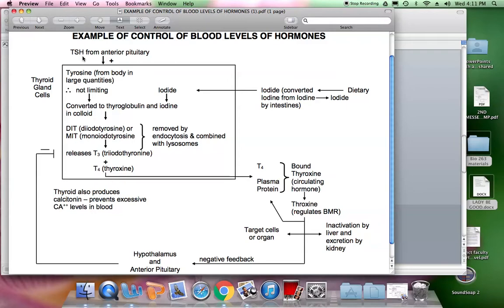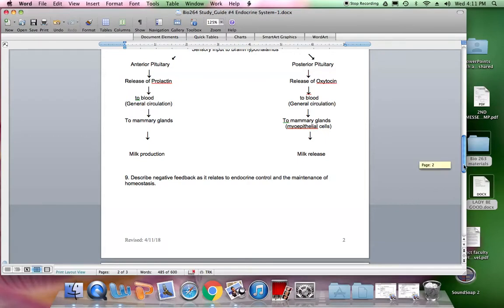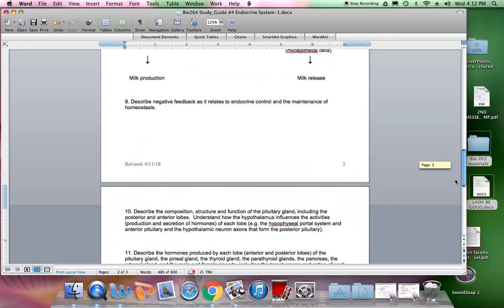So that will be a form of what we call negative feedback, so that thyroid hormone level does not increase too high. That is a great example of negative feedback, and this is true for hormones. If you stimulate them to be released, that will bring them up to the appropriate level. But if they get too high, that can be quite dangerous.